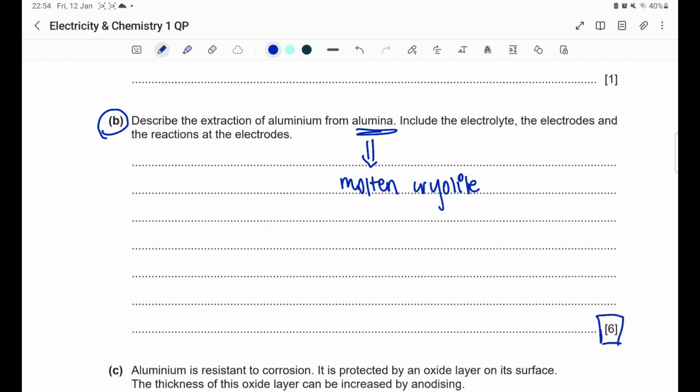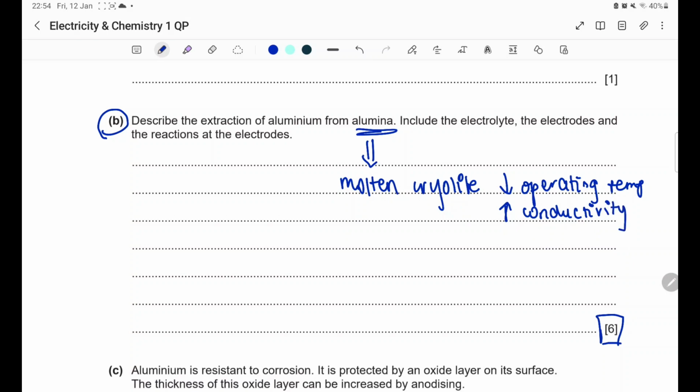And the reason behind that is because it decreases the operating temperature. So it's usually 2 marks, right? I remember operating temperature. And it increases the conductivity.